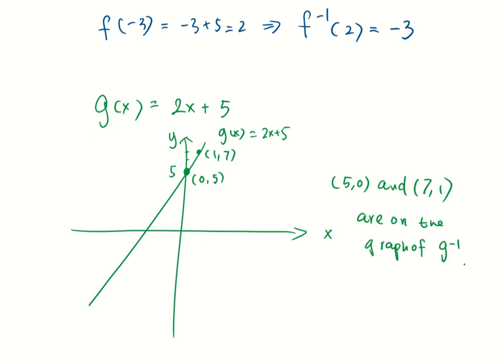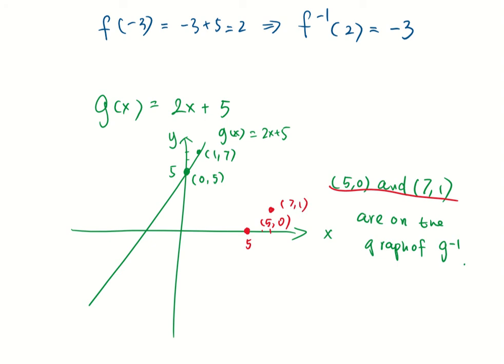So let's plot these 2 points. 5, 0 will be somewhere here, and the other point is 7, 1, which looks like this point.